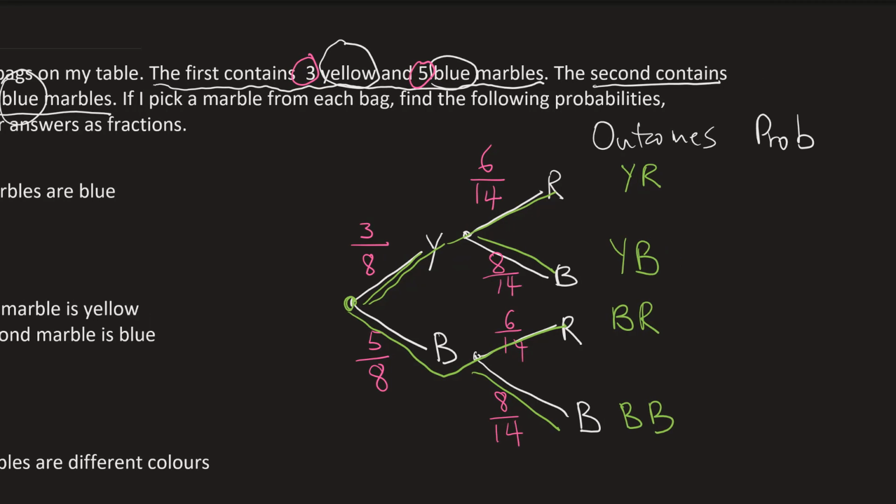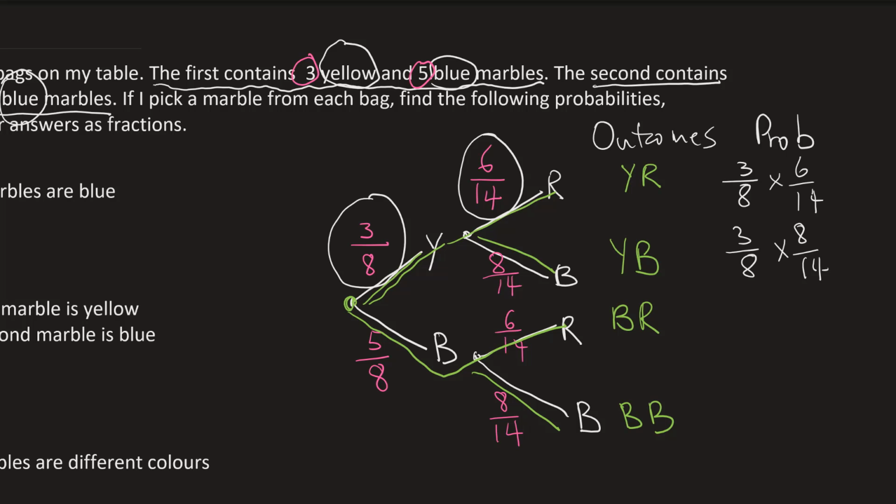For the yellow-red, let's pick the probabilities up. It's 3/8 multiplied by 6/14. For yellow-blue, it's going to be 3/8 multiplied by 8/14. For blue-red, it will be 5/8 multiplied by 6/14.